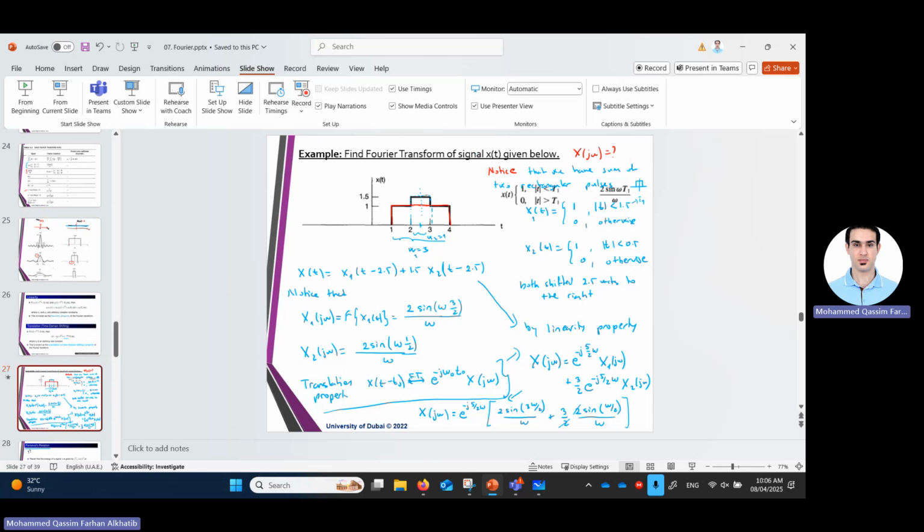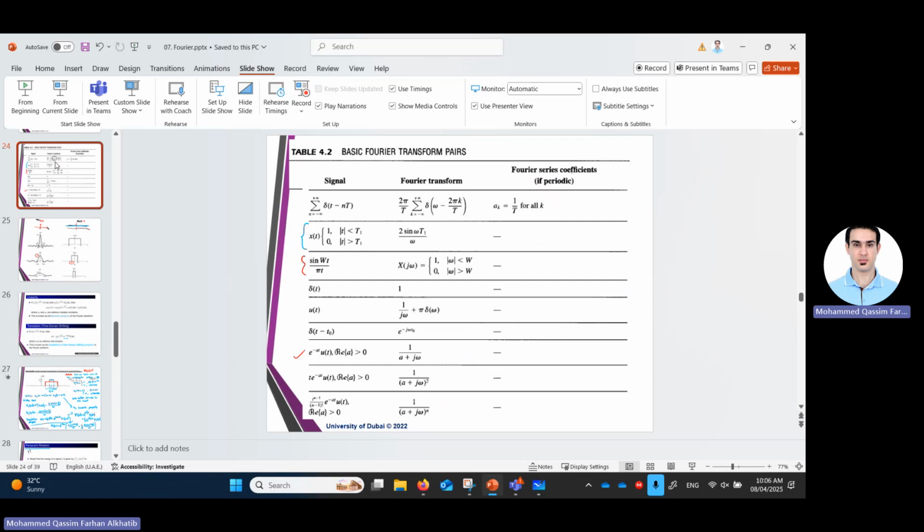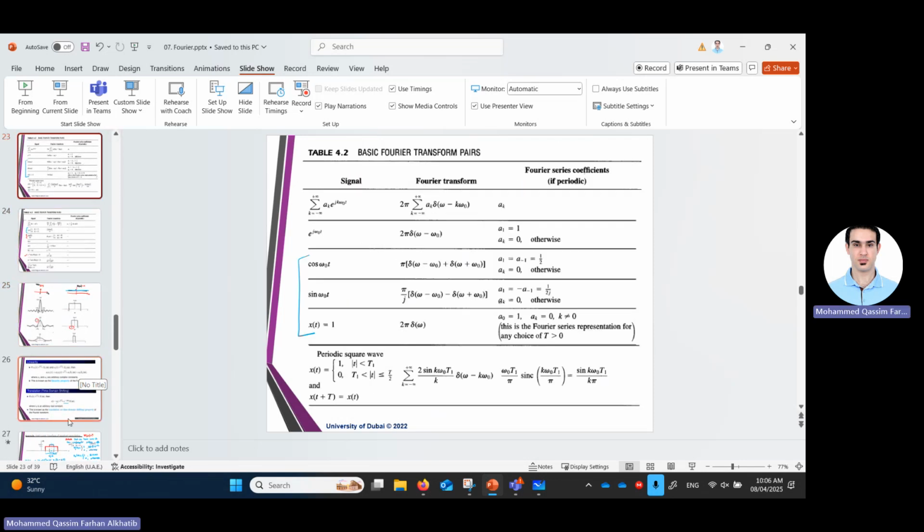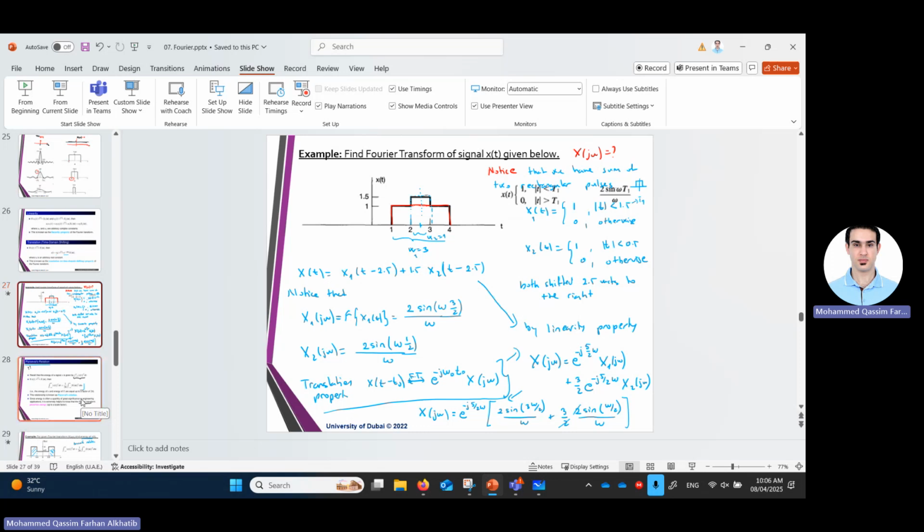So you have a signal from 1 to 4 that has value equal to 1 from 1 to 2 and 3 to 4, and has a value 1.5 from 2 to 3. So it's none of the standard functions we have seen here. However, if you look at it, it looks like what?